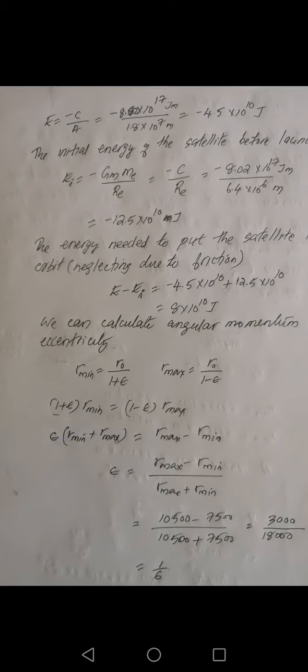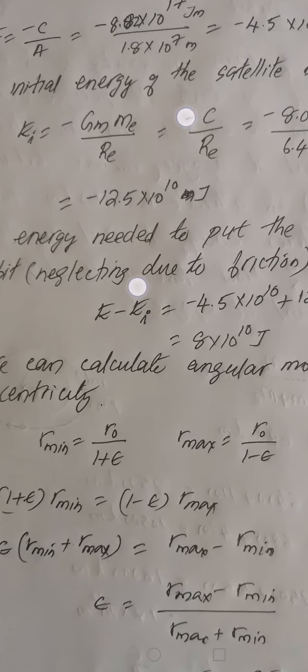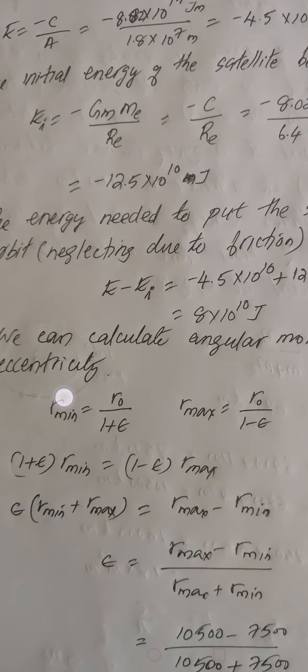What will be the initial energy of the satellite before it was launched? I call it Ei. Ei is equal to minus G M Me by Re, the initial energy. Initially there is no kinetic energy, only potential energy.